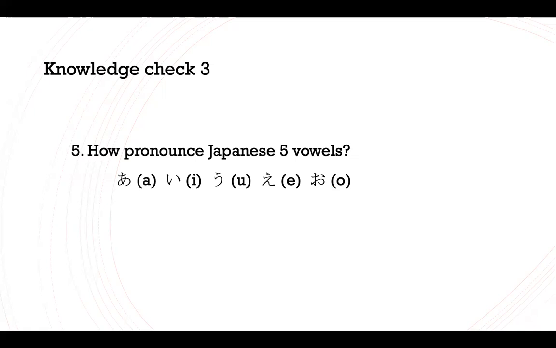In Japanese, A is pronounced as A. I is pronounced as E. It's sometimes confusing, because even though it's I, we pronounce it as E. U is pronounced as U, E is pronounced as E, and O is pronounced as O. Again, understanding those 5 vowels is very important for learning the other Japanese alphabet.